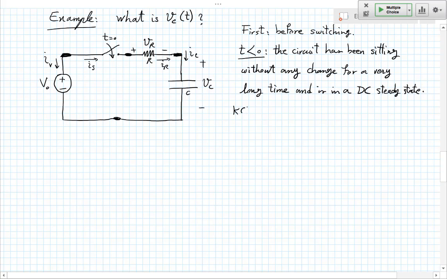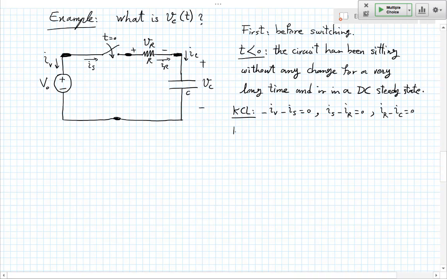So KCL, you have minus IV minus IS equals 0. You have IS, the current of the switch, minus IR equals 0. And you have IR minus IC equal to 0. So yeah, these are trivial, but it's good to have them as reference. And the last one will not give you an independent equation.